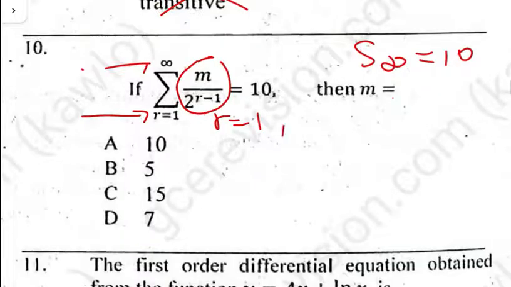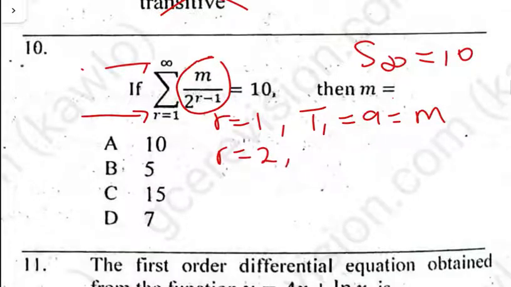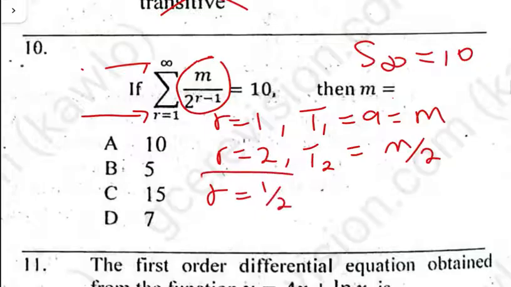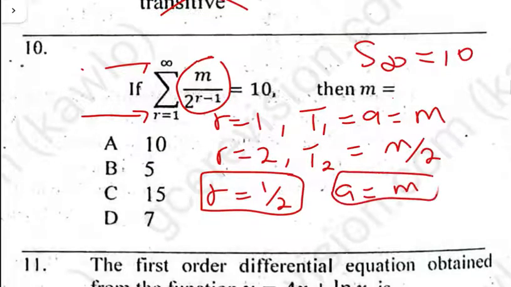So the first term t1, which is equal to a, is m. Now to get the second term, when r equals 2, t2 will be equal to, substituting 2 here, m on 2. So from here, our common ratio is equal to a half, and our first term a is equal to m.